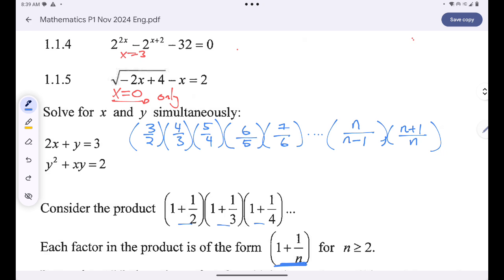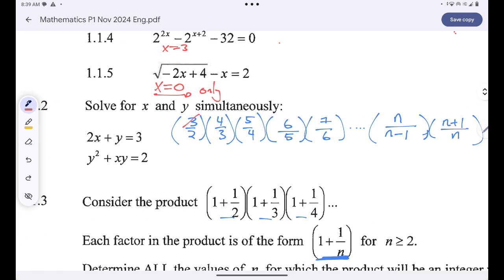So for this thing to be true, guys, if you can check here, the 3 will cancel with the 3. The 4 will cancel with the 4 because everything is multiplied. The 5 will also cancel with the 5. These things will keep on cancelling one another. And I'll only be left with n plus 1 all over 2.